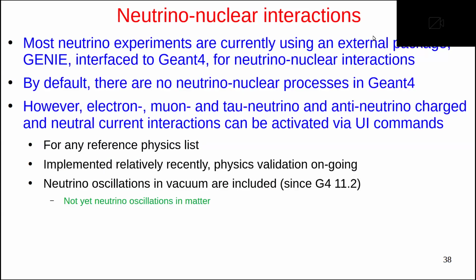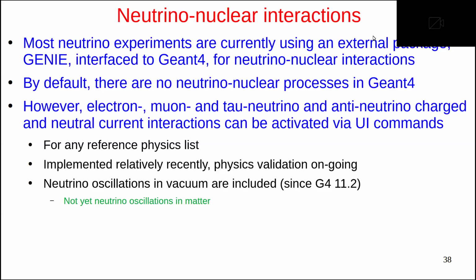Finally, for neutrino nuclear interaction. So most of the neutrino experiments are actually using an external package called GENIE, which is then interfaced to Geant4 for neutrino experiments, etc. And by default, there are no neutrino nuclear processes in Geant4.